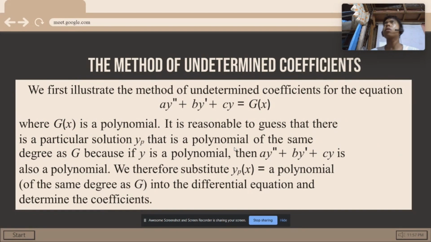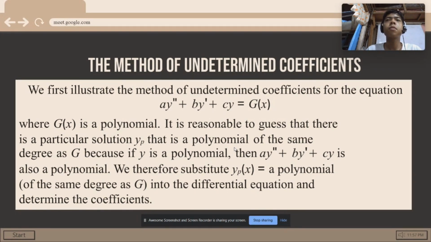There are two methods, but we're going to focus on the method of undetermined coefficients. First, we illustrate the method for the equation ay double prime plus by prime plus cy equals g of x, where g of x is a polynomial.